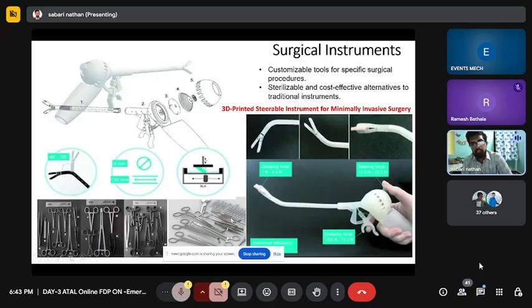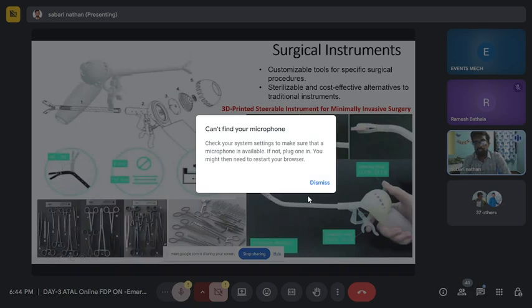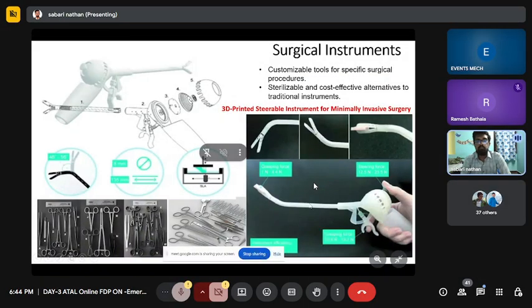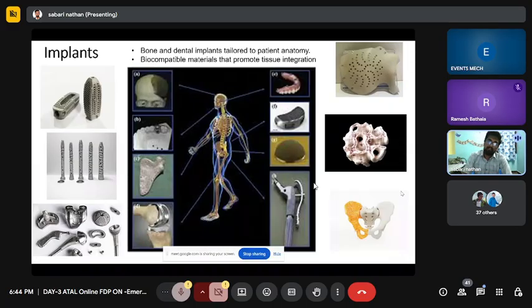Also, metals without corrosion resistance are a problem, and if you go with stainless steel, a highly corrosion resistant material, the cost is high. Instead of that, you can use this kind of material. Once you finish your surgery, you can easily dispose of this surgical instrument. So these are the applications in surgical instruments.